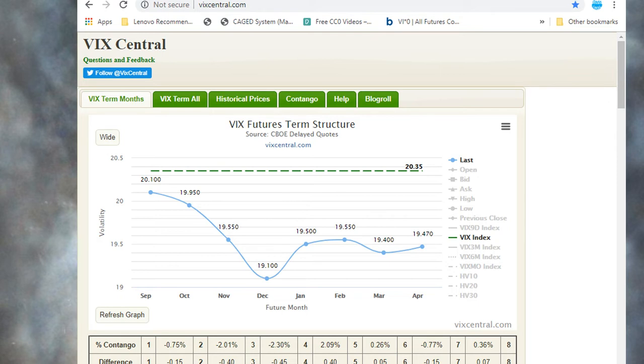However, we are relatively flat here, and there's been much said about how maybe the VIX is not as high as it quote unquote should be based on how much the underlying indices are moving around. How much the actual S&P moves around is what we call realized volatility or historical volatility.